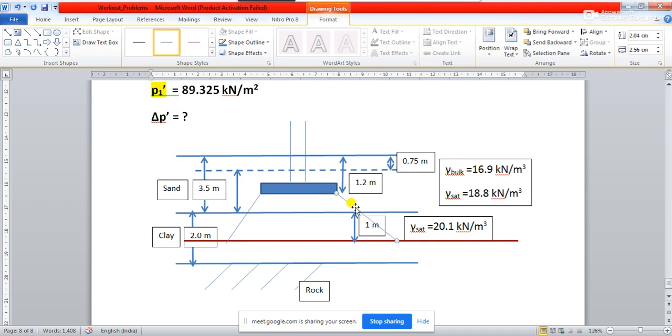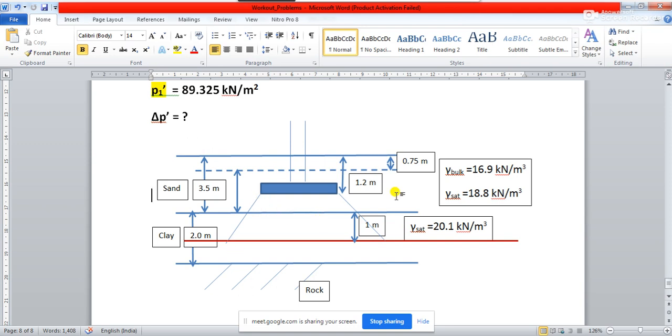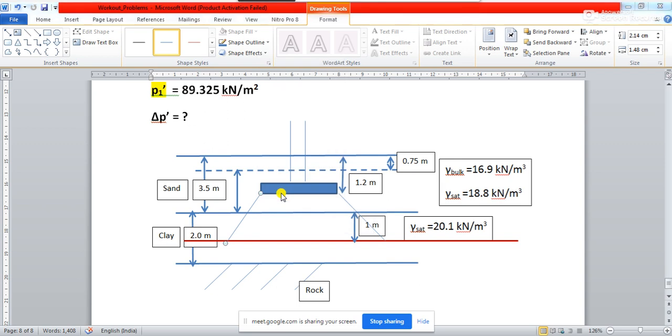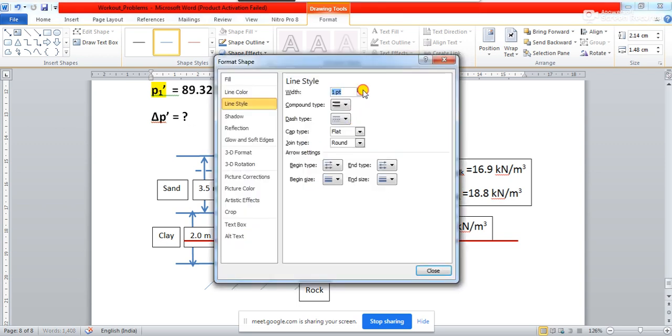Okay, and the slopes cannot be different. What I have drawn is not very correct. It should be something like this. So this slope and this slope need to be the same. Let me draw it with a proper line, then it will be more clear.